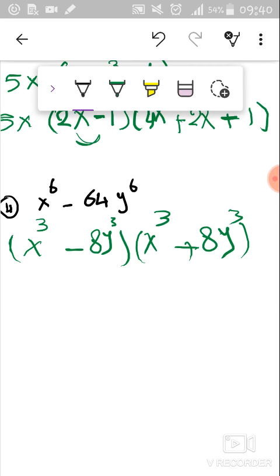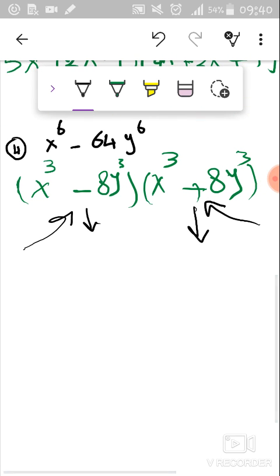But we have to notice that of these two brackets, one of them is a difference of two cubes and the other is a sum of two cubes. So we are going to factorize one more time. This bracket, x to the power 3 minus 8y to the power 3, will be factorized into two brackets also.